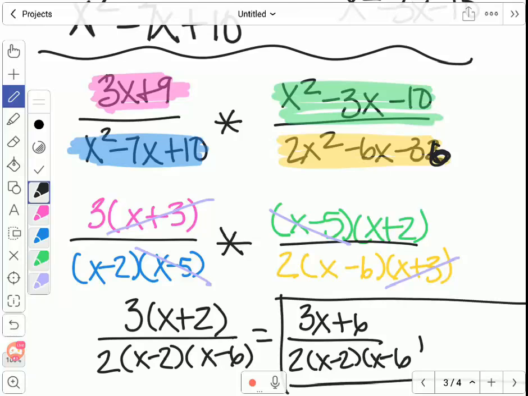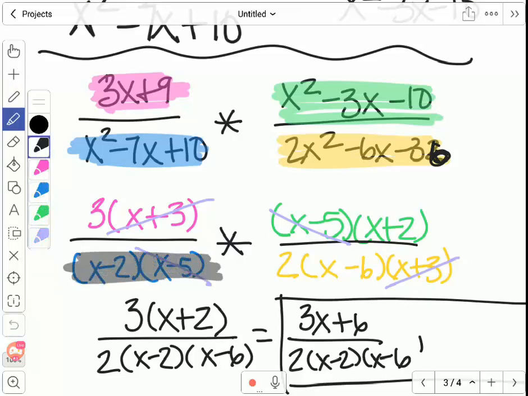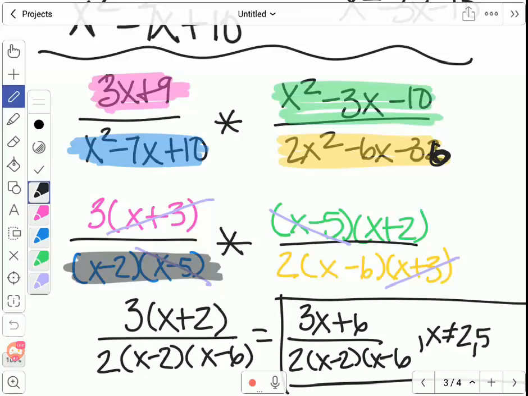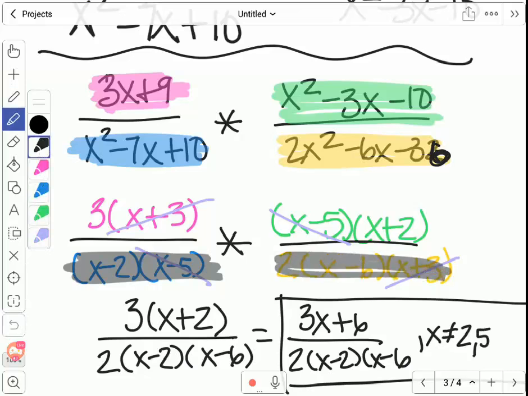The big thing is, remember, excluded values come from anything that was in the denominator at any point in time. And I had several things that ended up in the denominator. One of the things that was in the denominator was obviously my x minus 2, x minus 5. So I have excluded values of x cannot equal positive 2 and positive 5. Obviously this was in my denominator, 2 times x minus 6 times x plus 3.